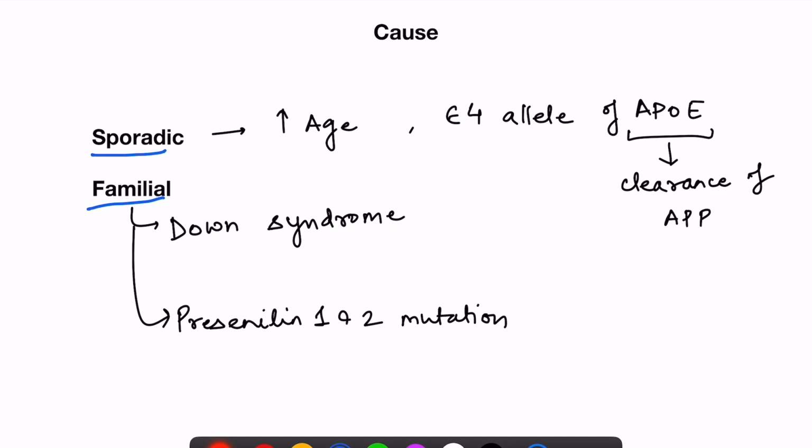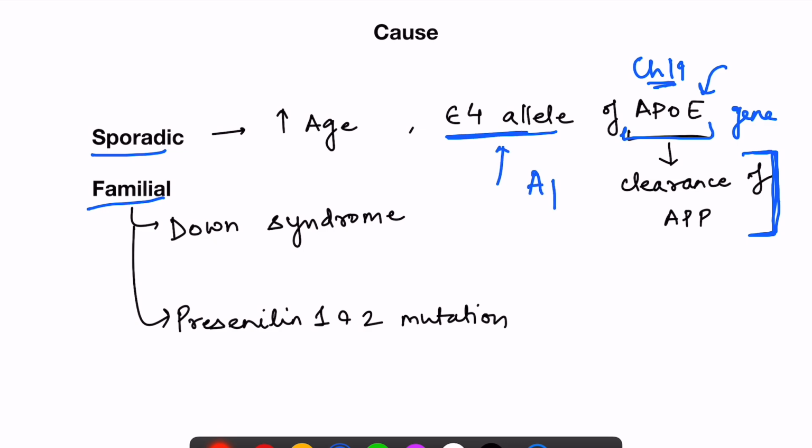And second is that if there is presence of this epsilon 4 allele of ApoE gene, okay, this ApoE gene is present on chromosome 19, and the ApoE protein which is produced has a role in clearance of amyloid precursor protein. Now there are three different alleles of this ApoE protein. The more presence of this epsilon 4 leads to more production of amyloid beta.